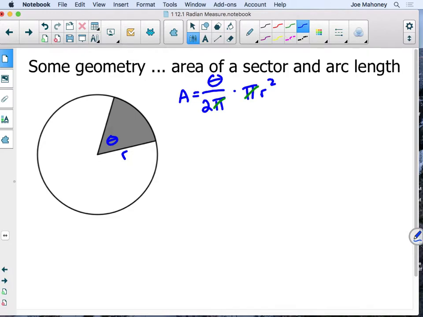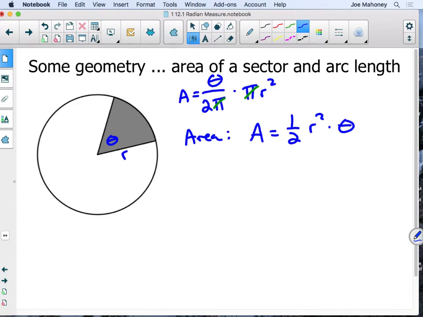And what I'm left with for my area of a sector is that the area is equal to 1/2, because I'm dividing by 2, times the radius squared times theta. 1/2 r squared theta. So if you multiply the angle in radians by the square of the radius, divided by 2, oh, beautiful things.